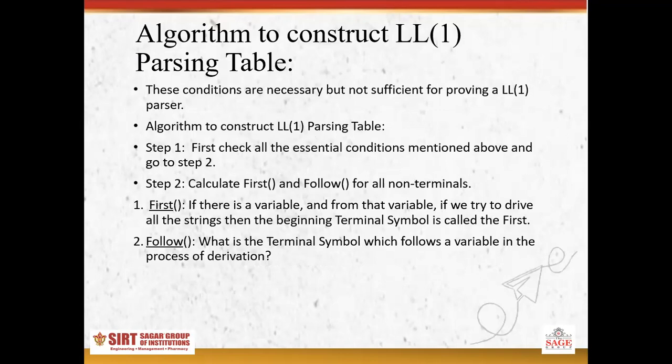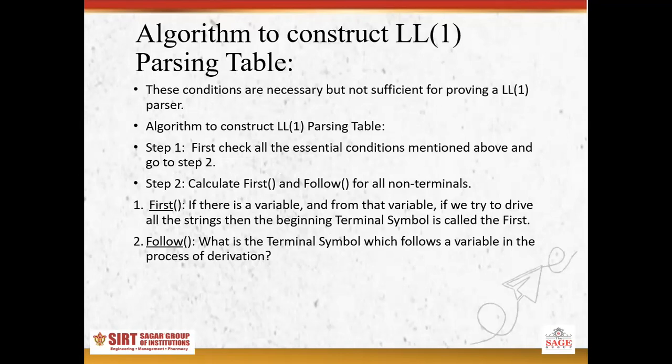Second, the grammar is not ambiguous. Third, there should be no left factoring. After that, if these conditions are satisfied by the given grammar, then we calculate the first and follow for all the non-terminals.